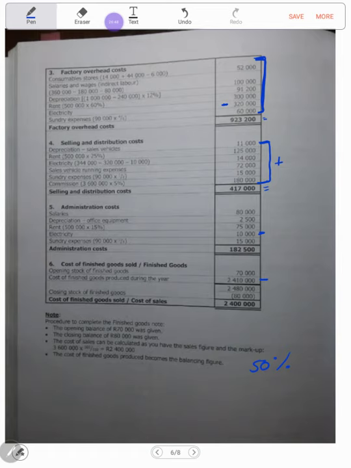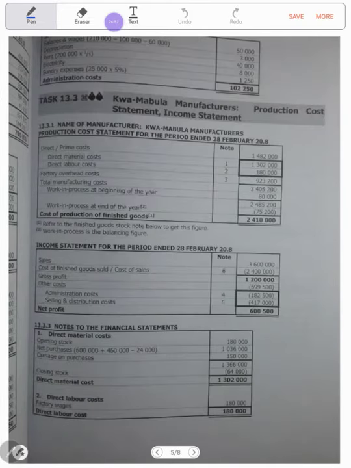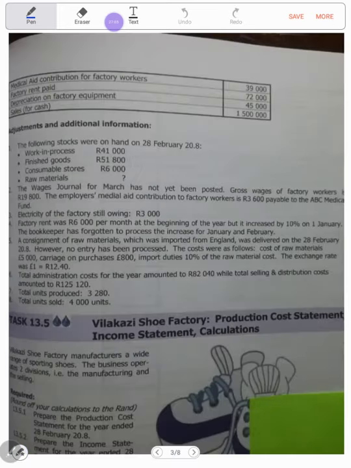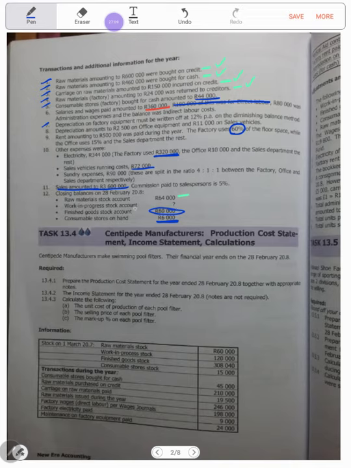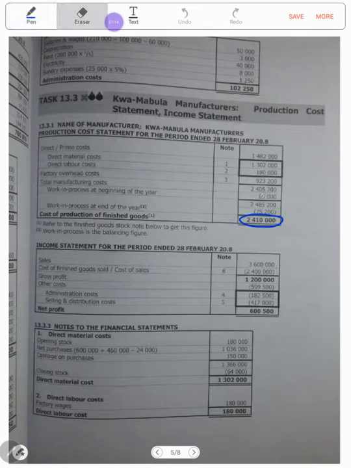Where are you going to be taking this amount? You are taking it to your production cost statement over here. That is your total. All right. And you will see that there was a question mark at our work in progress stock account, and we're working back in order to get that amount.